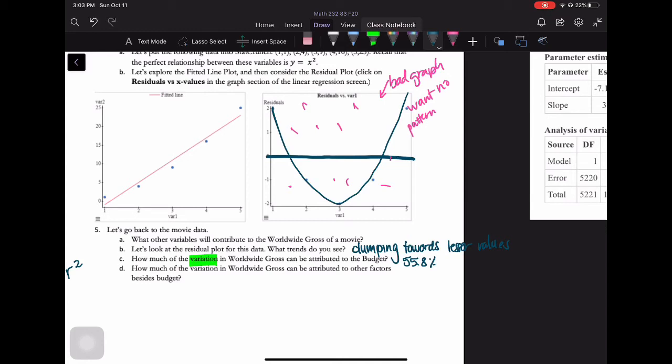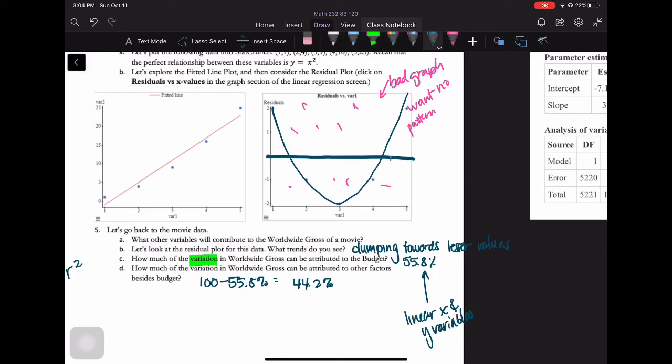But everything else, how much variation is attributed to other factors, would be 100% minus that. 100% minus 55.8% gives 44.2% can be attributed to other things. So the R squared is between the linear x and y variables, and then the other calculation is for all of the other variables.